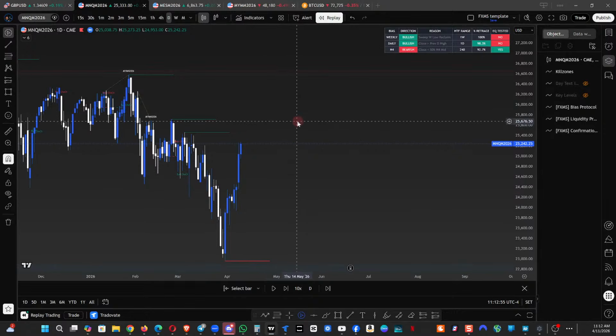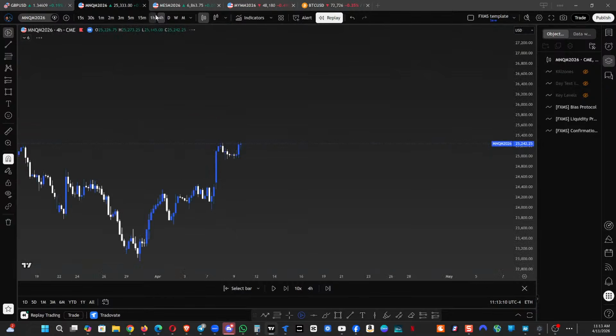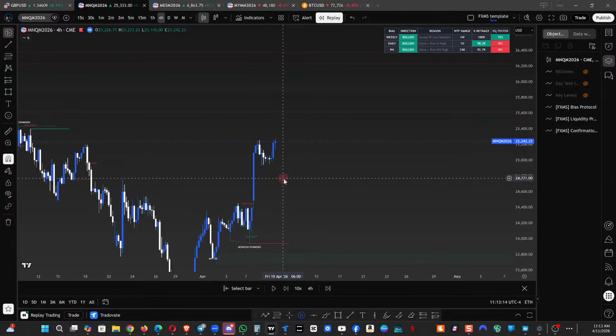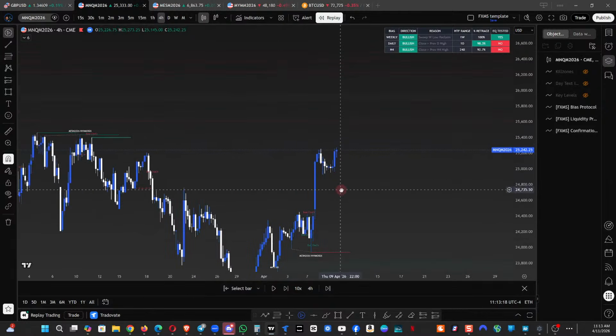Technically, we should have closed underneath, which we did, the previous day's highs. So that should be bearish. I'm not sure why it says bullish there. Okay, we'll figure that out later. Maybe if I change this, it'll change. All right, so we should have a bearish bias going into the day, right? Because we took out the high, but then we closed back inside the previous day's highs.